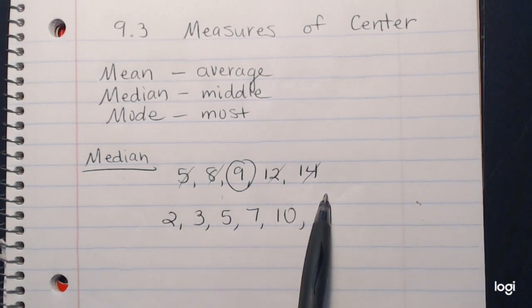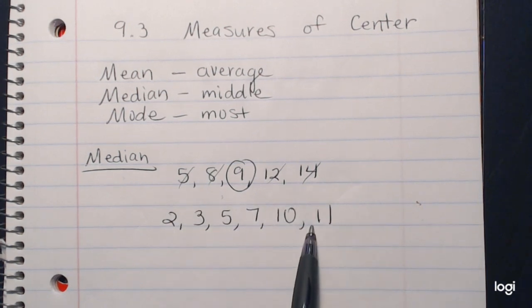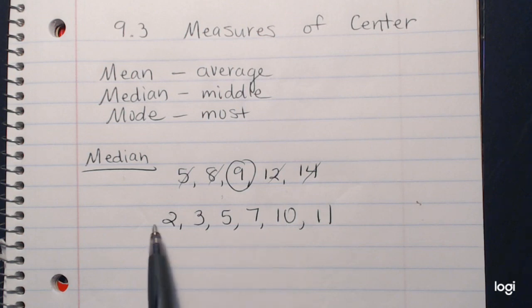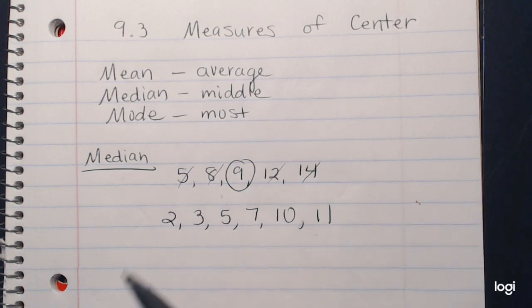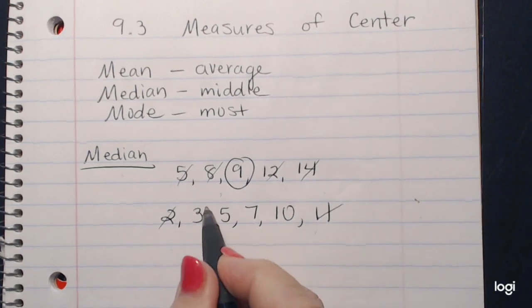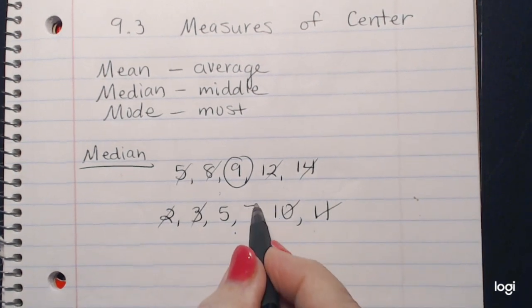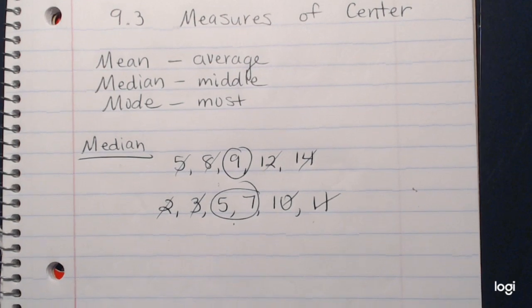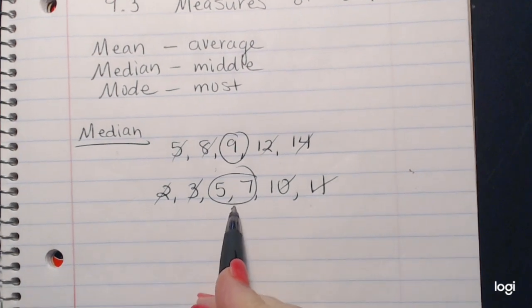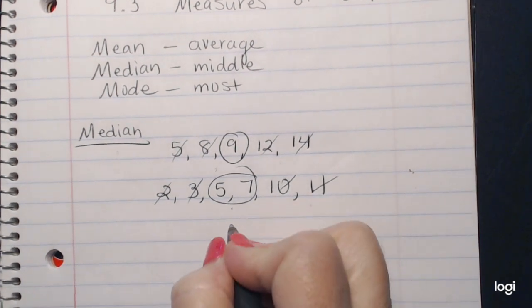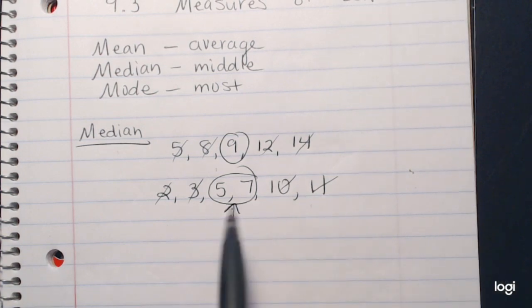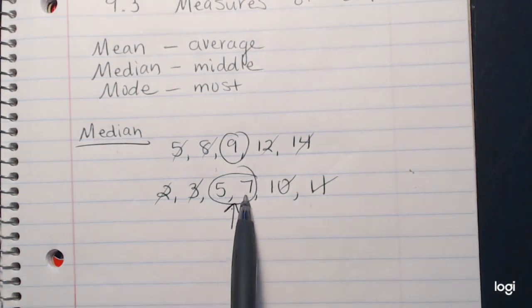Now, if you notice the next list of numbers that I've given to you, there is 1, 2, 3, 4, 5, 6, an even set of numbers. So if I work my way to the middle to find the median, I notice I'm left with 2 numbers. For a median, we can't list both numbers. Some of us can see exactly what goes in between 5 and 7. Sometimes the numbers are going to be too far apart.